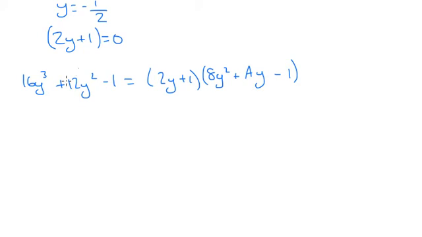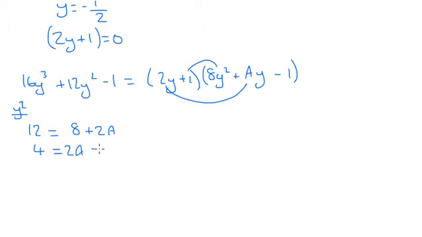Let's go for y squared because we can see on the left-hand side it's 12. We get 12 on the left. On the right-hand side we get an 8 there, and we get a 2a there. So that tells me that 2a is 4, and therefore a must be 2.